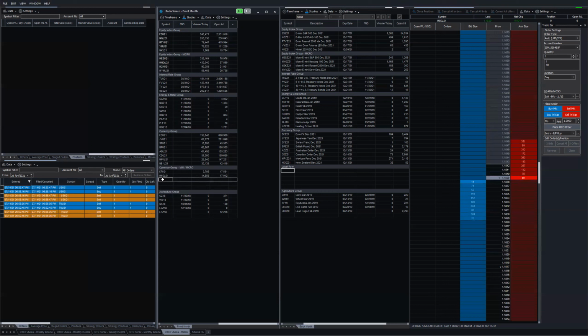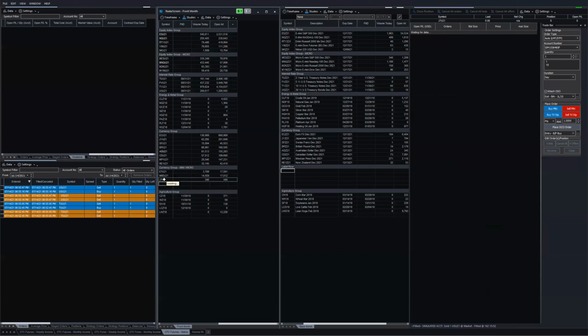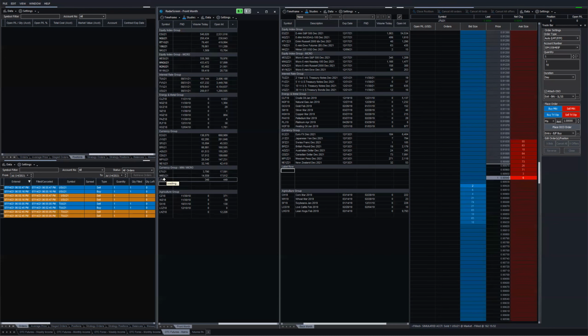The mini yen, J7U21. E-micro British pound US dollar. Oh, the volume here is really small for the day. M6BU21.